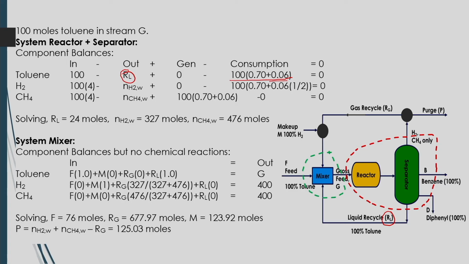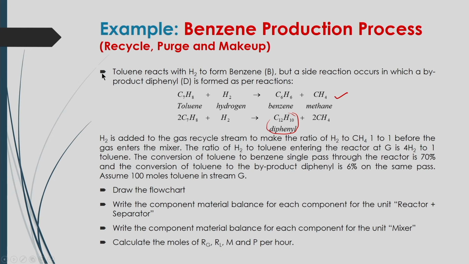We can simply write here that since G amount is 100, it is said in your problem that hydrogen is added to the gas recycle stream to make the ratio of hydrogen to methane 1:1 before the gas enters the mixer, and also it is told that the ratio of hydrogen to toluene entering the reactor at G will be 4 moles of hydrogen to 1 mole of toluene.